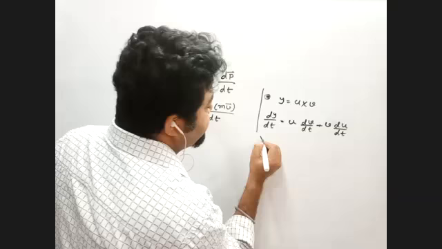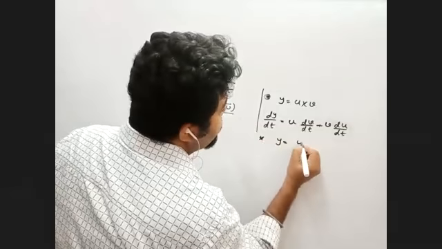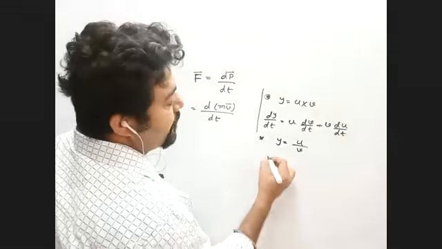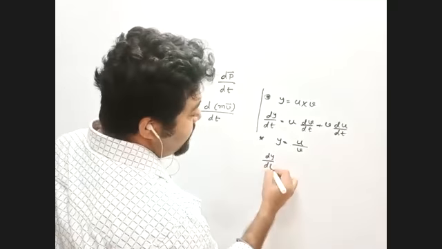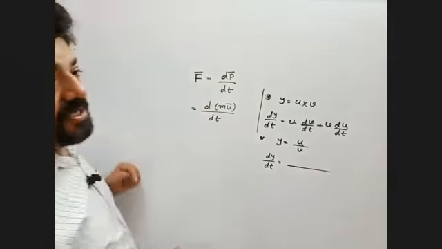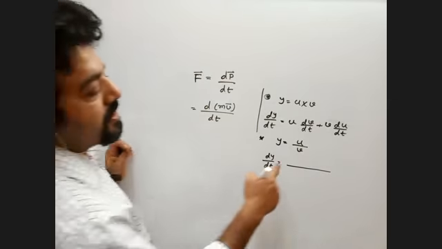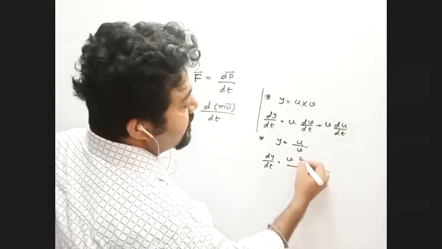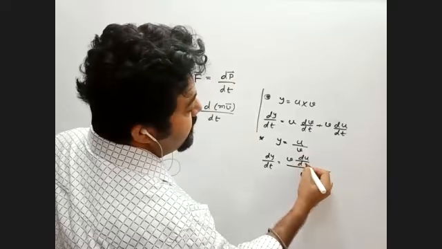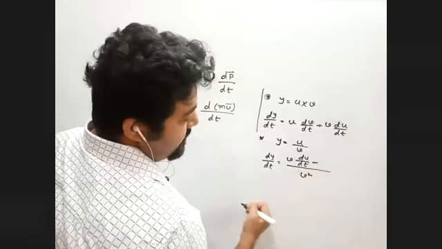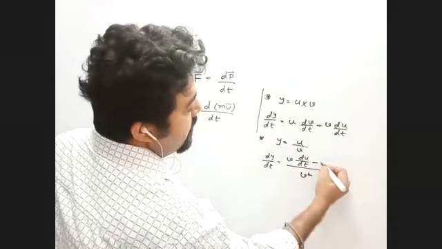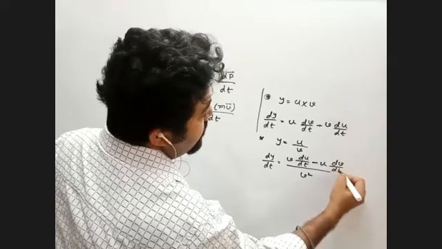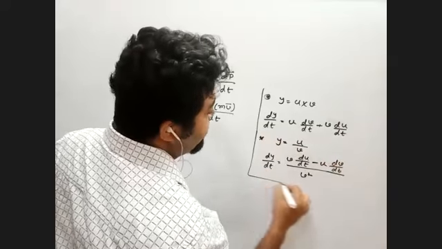Next is y equals u by v, that is the division form. Now dy by dt, if you want to differentiate, how do you differentiate? See, v square in the denominator, v du by dt minus u dv by dt. So this is called division form differentiation.